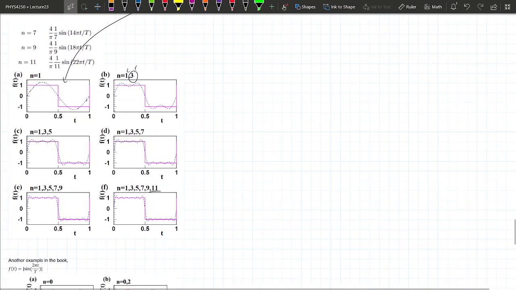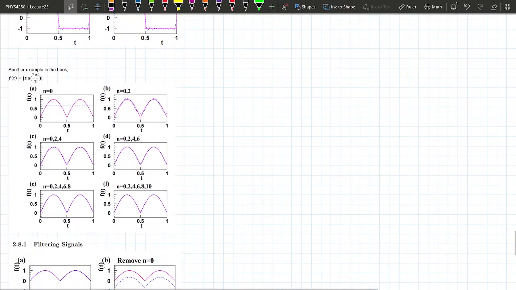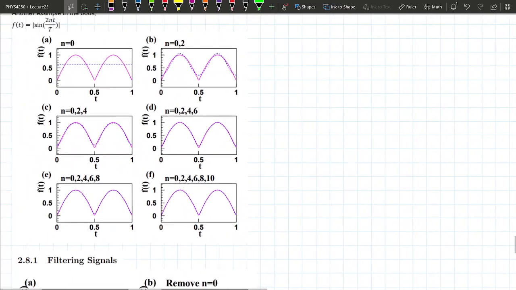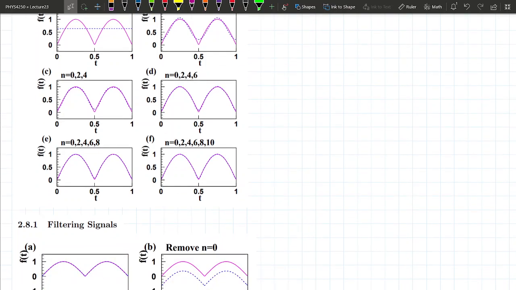The book also does this little rolling sine function, so I won't go through that. You can look at that yourself.